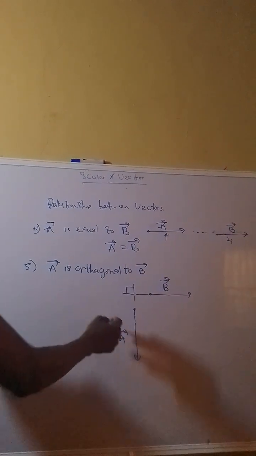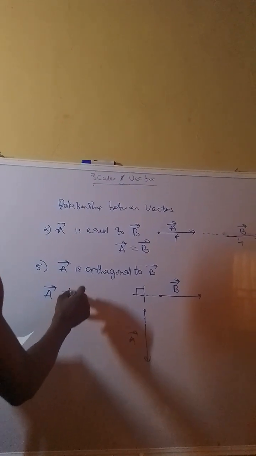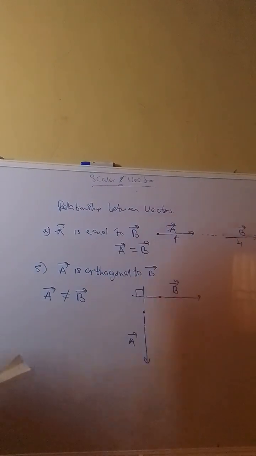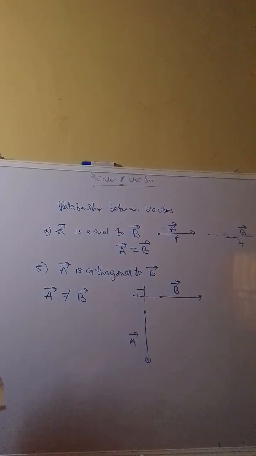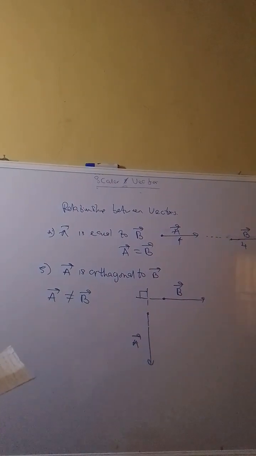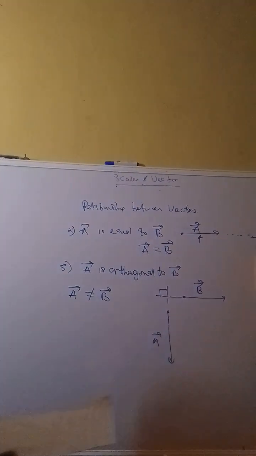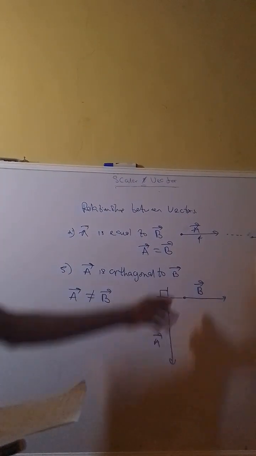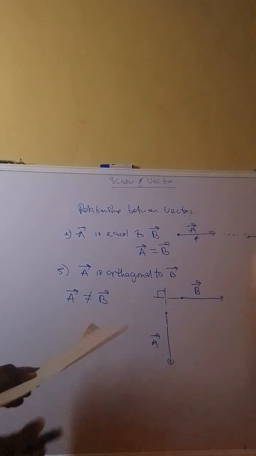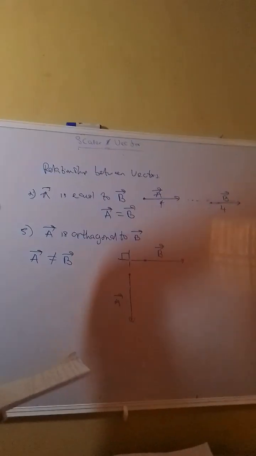And who can tell me why, still yet, vector A is not equal to vector B? Vector A still is not equal to vector B. Why is that? They are moving in different direction, so take note of that. Since they are moving in different direction, they are not parallel to each other.